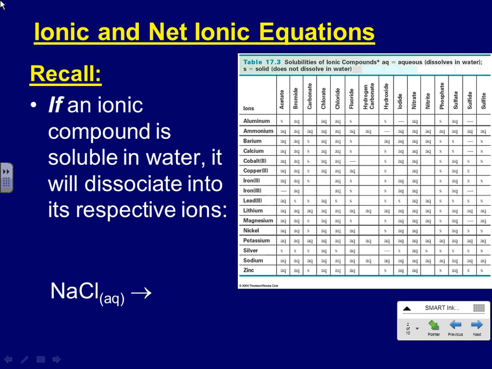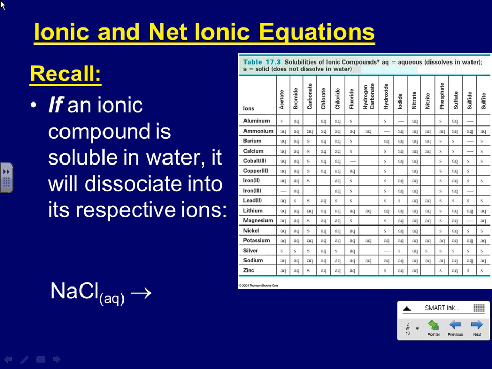All right? In the past, when we looked at double displacement reaction, I asked you to identify whether something would be solid or aqueous, and we used our solubility chart. Now let's put those two things together. If you're given sodium chloride and you're not sure whether it's aqueous or not, you'll find it on the chart, sodium and chloride, and because it's a sodium, we know it's going to be aqueous.